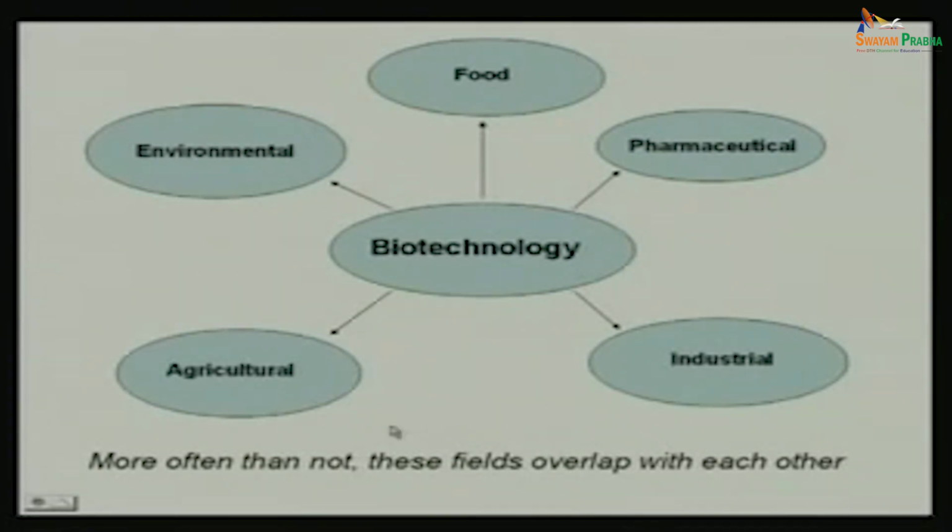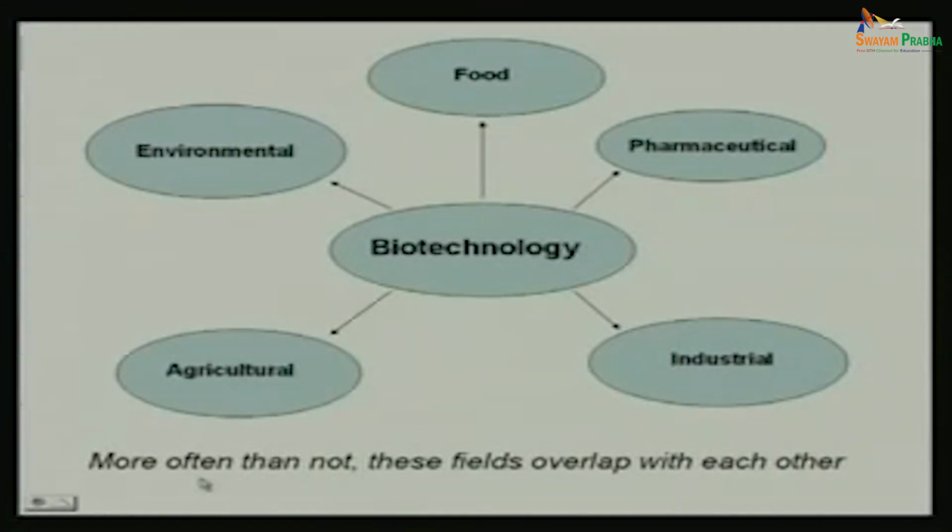Now, if we see the biotechnological activities, we can find that most often these fields are overlapping each other. Say for example environment, food, pharmaceuticals, industrial or agricultural biotechnology, we will find that none of these disciplines are independent.